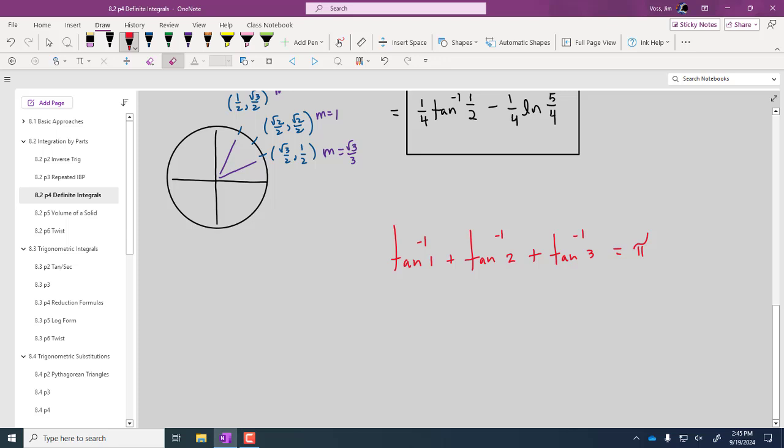It's a pretty cool math equation. This is a sum of 3 angles. This says the angle that has a tangent of 1 plus the angle that has a tangent of 2 plus the angle that has a tangent of 3 all add up to pi.